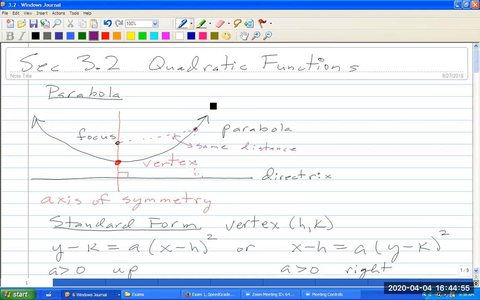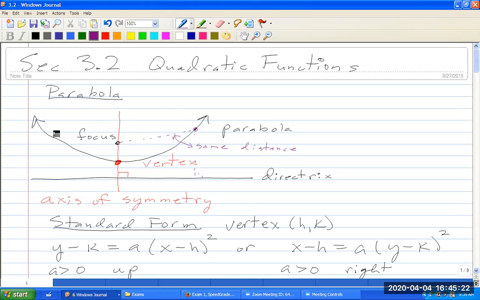Now, if instead I have x minus h equals a times the quantity y minus k, squared, this is also a standard form for the equation of a parabola, but instead of going up or down, it will go right or left. So it will either look like this or like this.